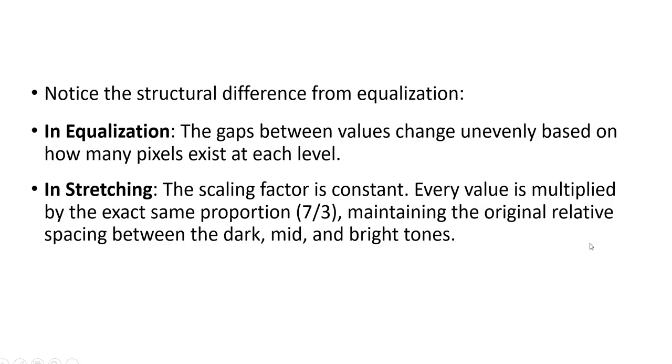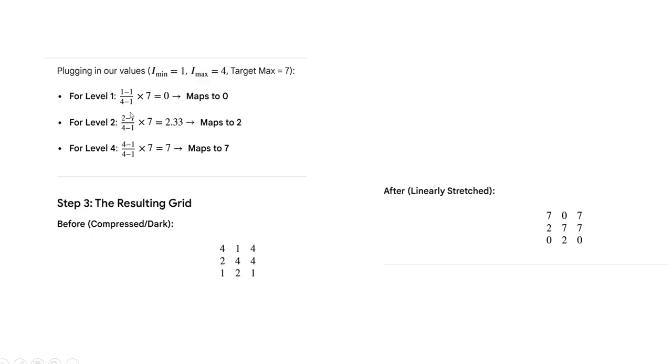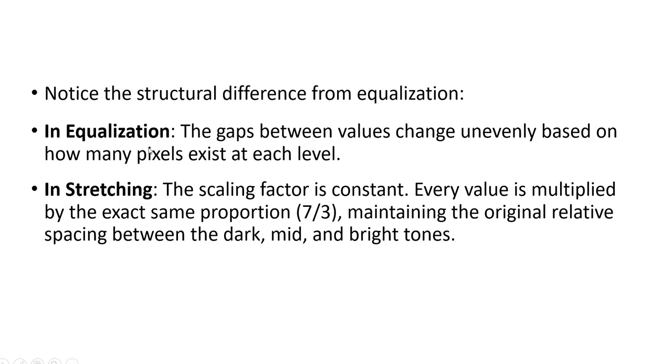So in stretching, if we see, the scaling factor is a constant. Every time it is minus 1 by 3 into 7 by 3. So here the scaling factor is constant. It's 7 by 3 in all the cases.